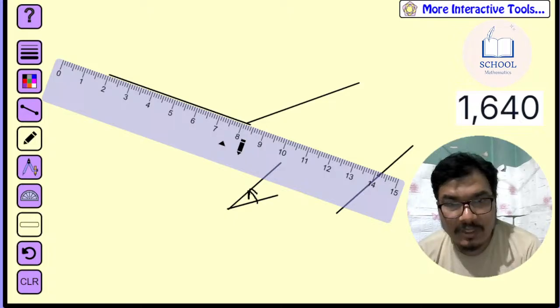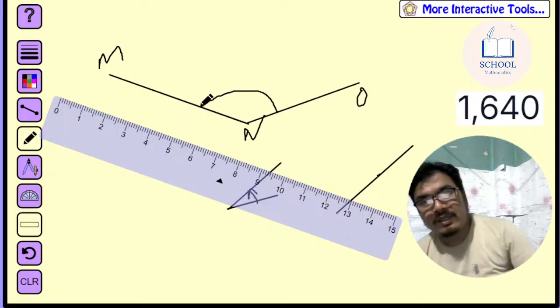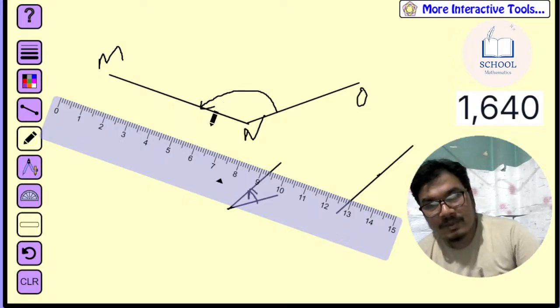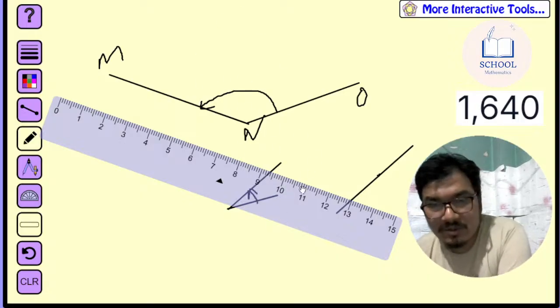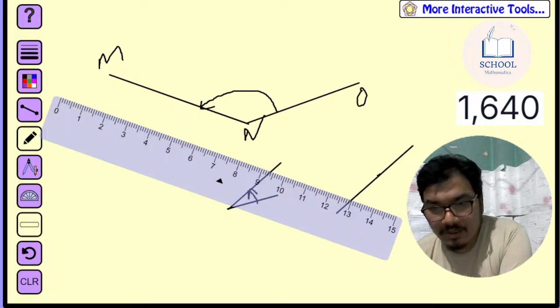This is, suppose, M and O. This will of course be more than 90 but less than 180. That means it is up to this one, up to this angle. Like this we can identify by looking at the size also, and we can write the name also, right? Understood? Good.